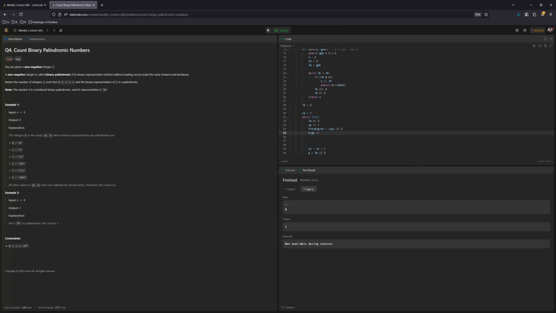So free digits. So high will be, why do I keep doing that? 2 times free digits minus 1, and the whole thing, CP divided by 2.